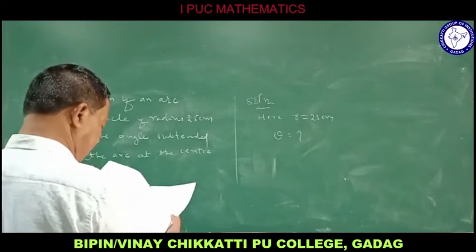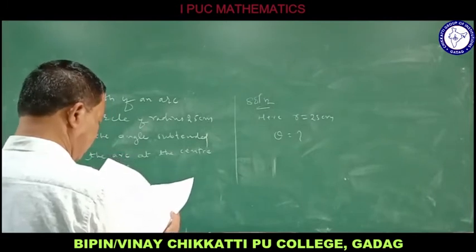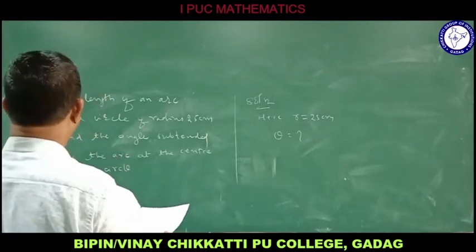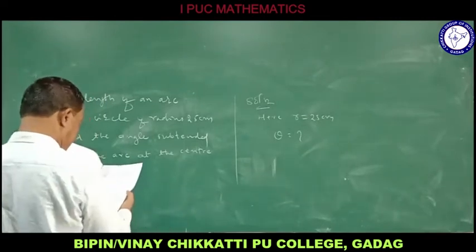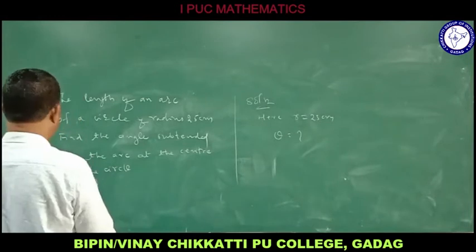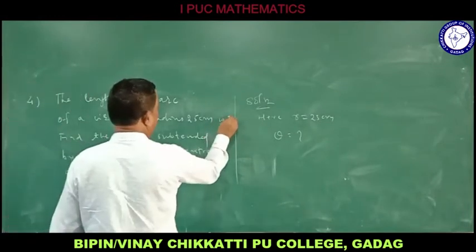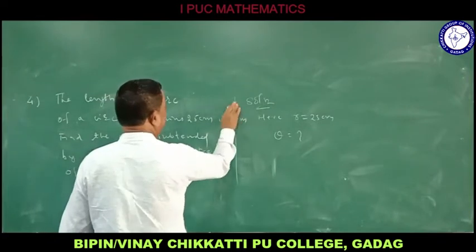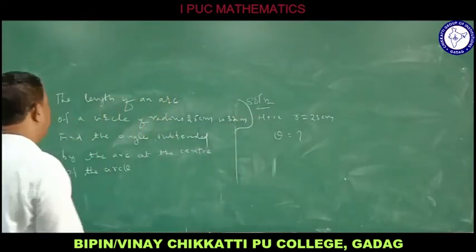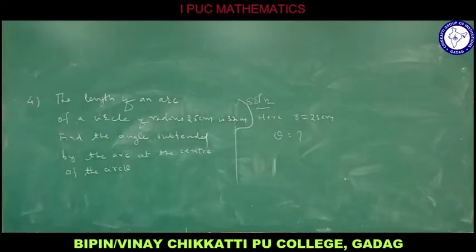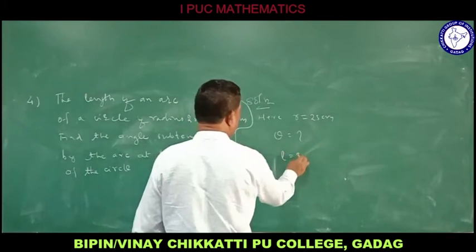So the problem is incomplete. The length of an arc of a circle of radius 25 centimeters is 32 centimeters. See, this is incomplete. Once again, the length of the arc is 32.